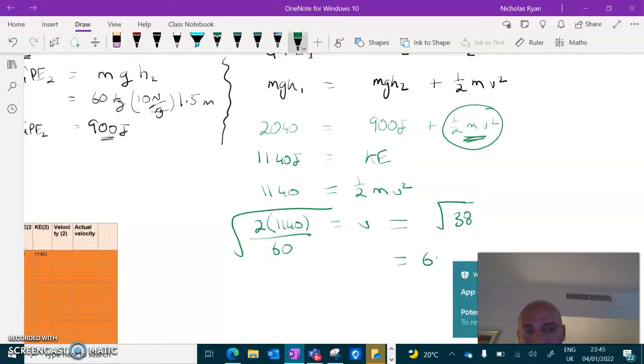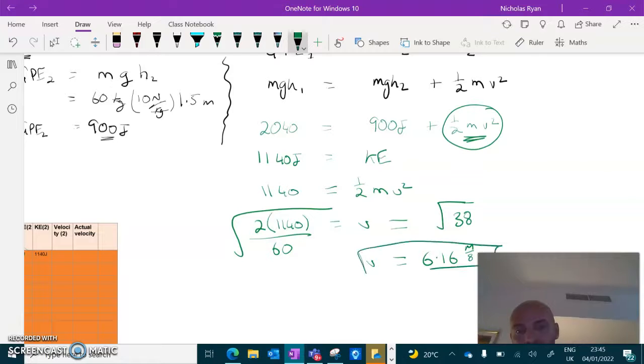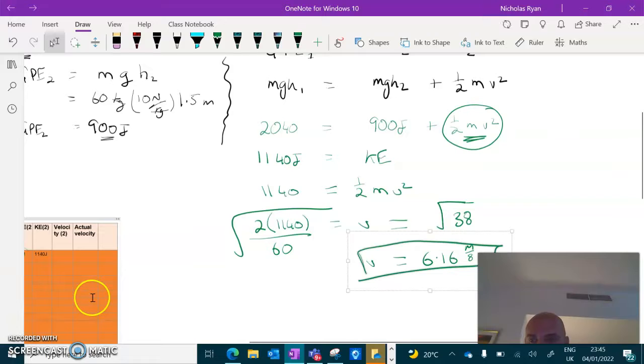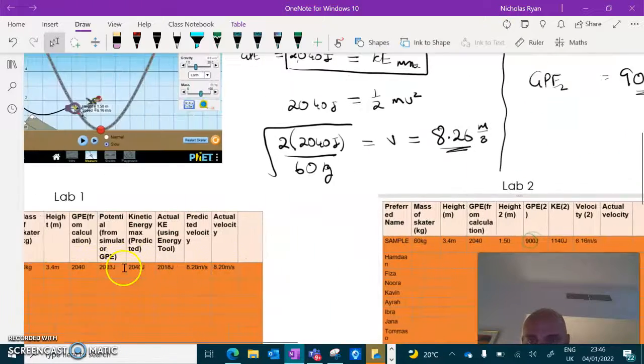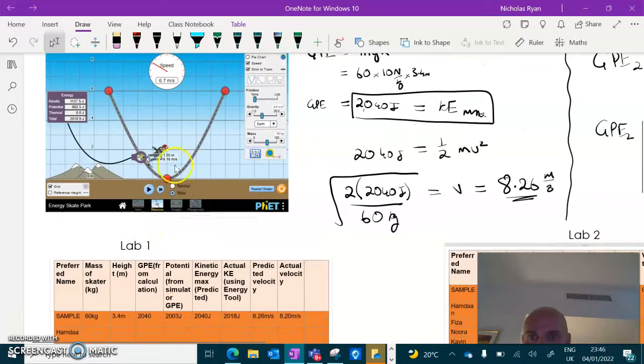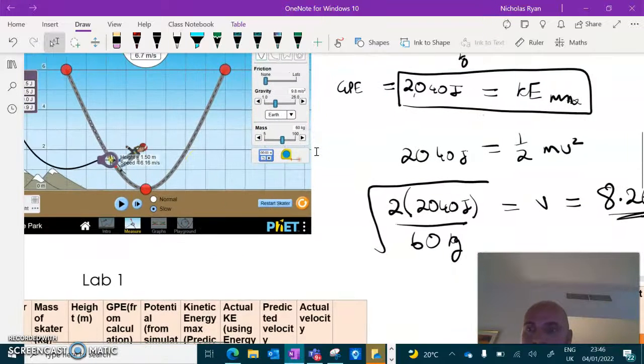So that is 6.16 meters per second. So that's my predicted value for her velocity here. And let me put that in here, 6.16 meters per second. And at this point, let me double check the simulator and see, well, what is her actual speed? Oh, and lo and behold, it is 6.16 meters per second. So I've got it right.